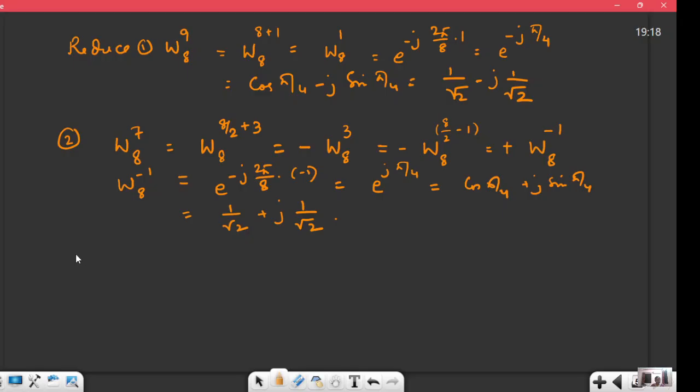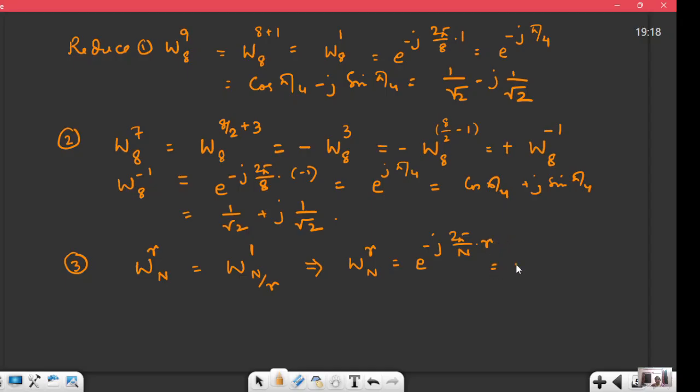In general, if we have Wn to the power r, it can be represented by taking the power down, so it is W1 with n divided by r. How come? I am showing it here. Wn r is equal to e to the power minus j 2 pi by n into r.